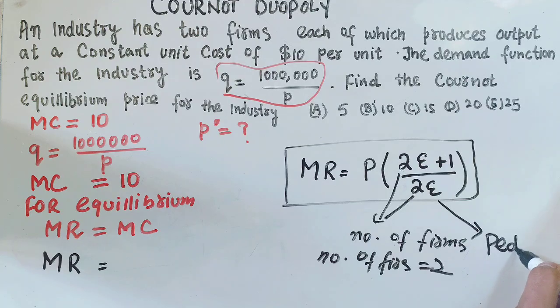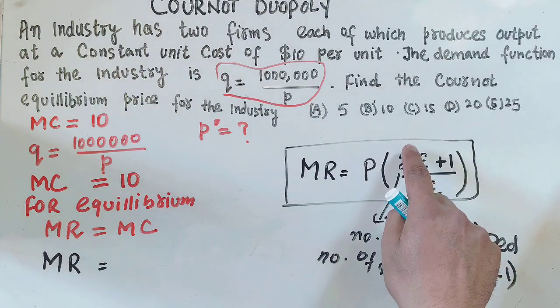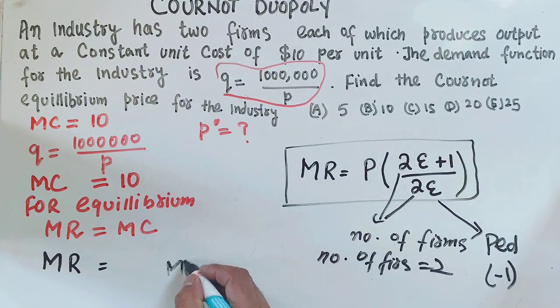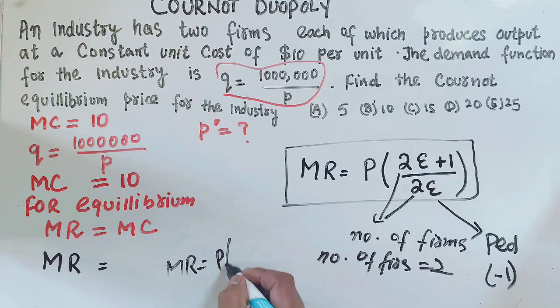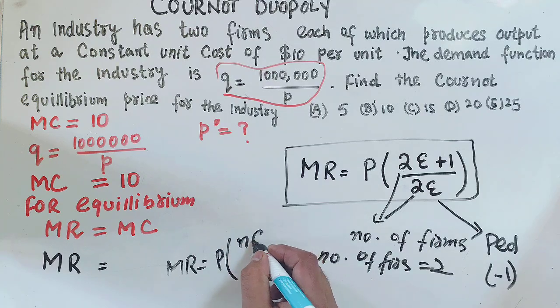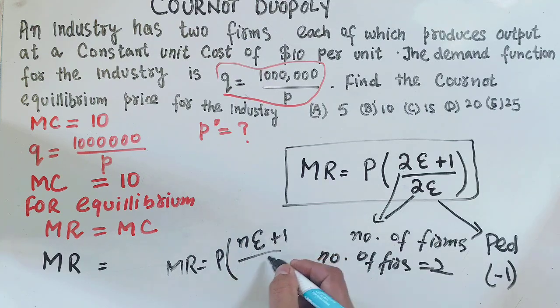In our case it is -1. So for n number of firms in the Cournot model, marginal revenue would be equal to price times (n times the elasticity of demand plus 1) divided by n.